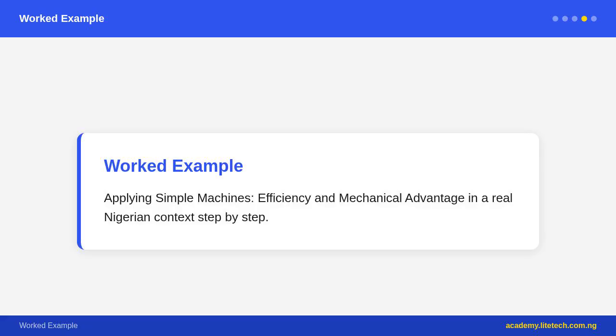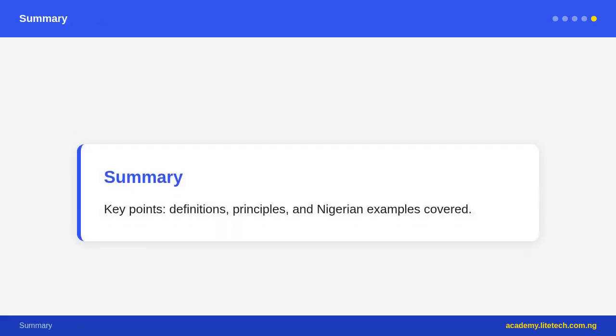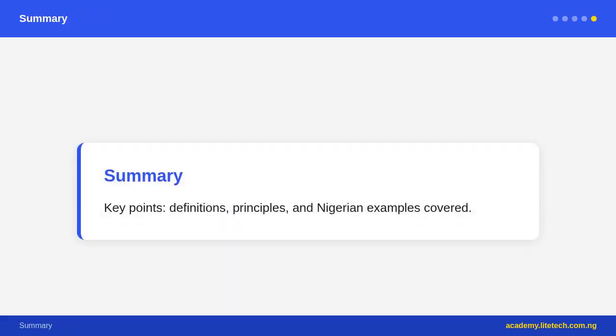Efficiency, tells how well machine converts work input to useful work output, efficiency equals MA/VR times 100% equals useful work output/total work input times 100%. Real machines never 100% efficient, friction loses energy as heat.